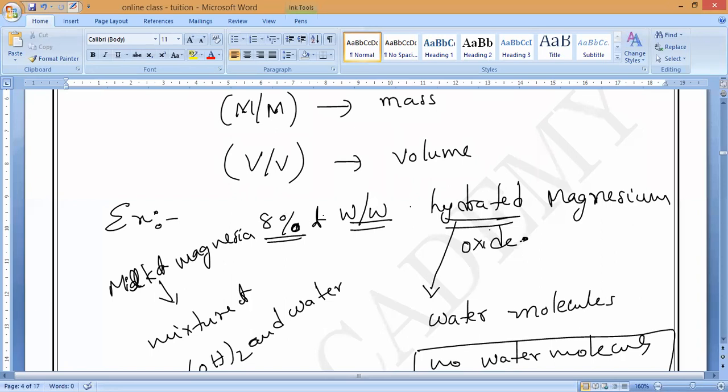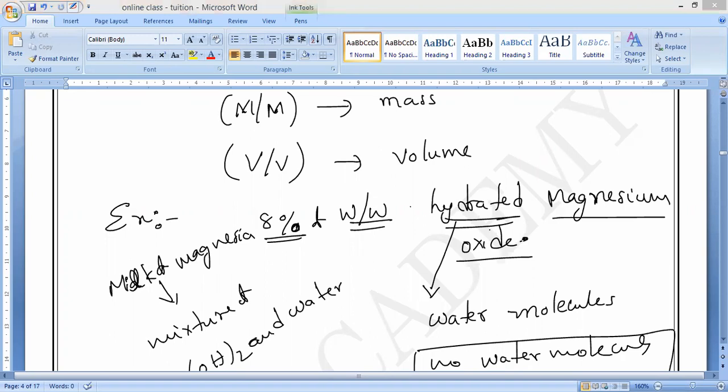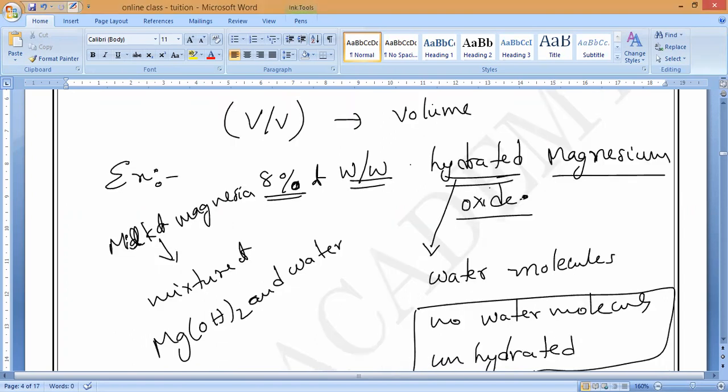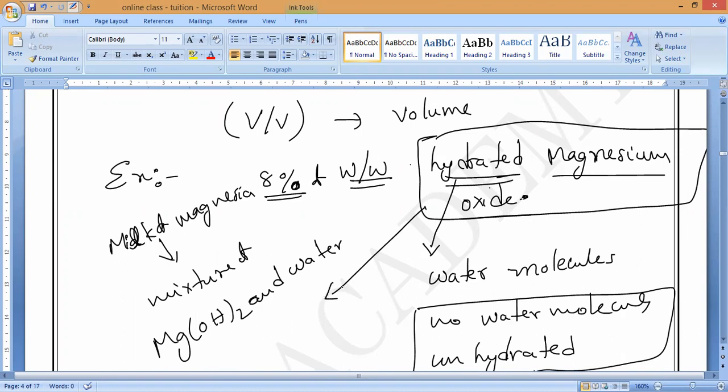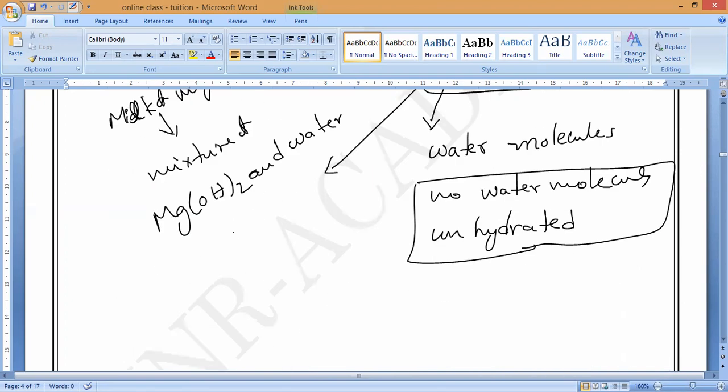You can take 1 liter or 2 liters or 2 kg, 5 kg, whatever it is. In that, 8% is hydrated magnesium oxide. All of you should remember, this hydrated magnesium oxide is also known as magnesium hydroxide.